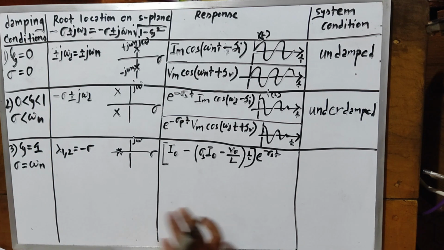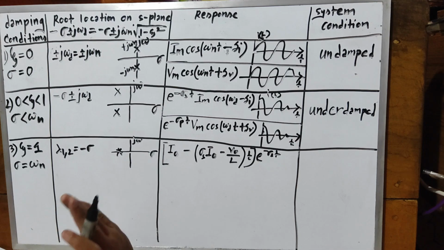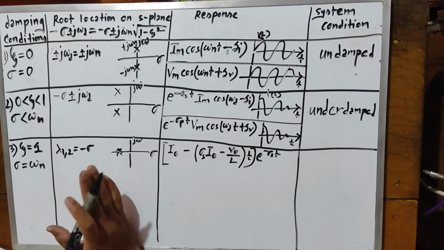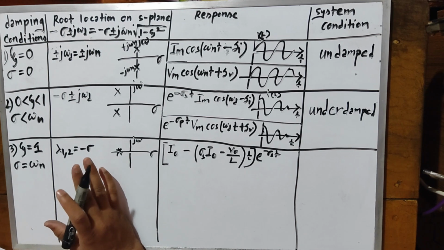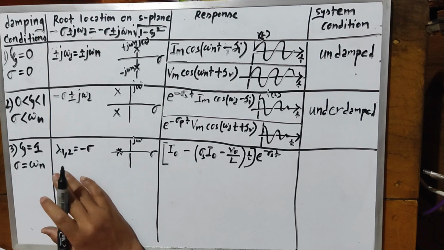So this is the equation when the roots of the characteristic equation for the RLC circuit are the same.